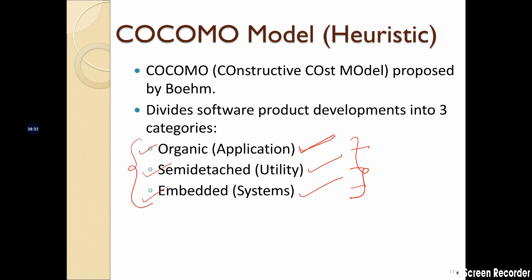The only challenge is to identify which kind of application you're dealing with, and this is based on your lines of code. You need to find the approximate lines of code, and whether the project or requirement belongs to an organic category, which is application software, or a semi-detached category, or utility software, or an embedded system.